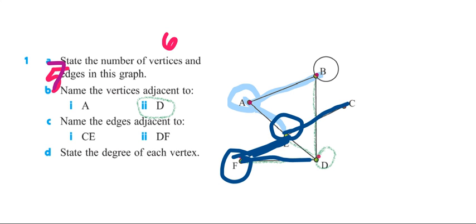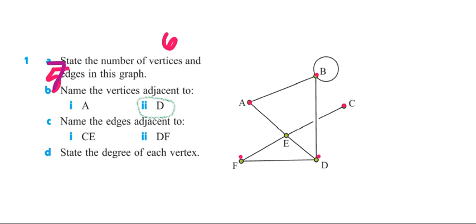State the degree of each vertex. We can state it for each, so let's just quickly do that for every one. I'll write it down near it. For A, the degree of vertex A would be 2, because 1 and 2. For B, it will be 1, 2, 3 and 4, so that will be 4.